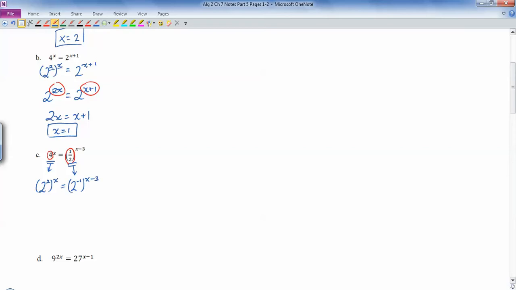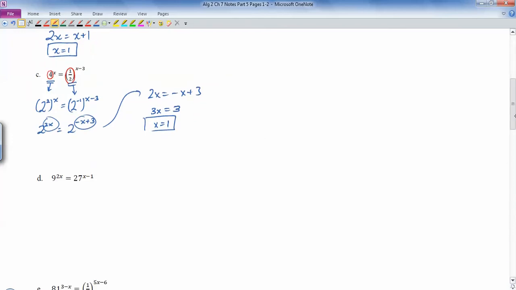And then I've got a power to a power on the left, so I multiply those and just get 2x. And on the right, I multiply the negative 1 with the x minus 3, and I get negative x plus 3. And now the bases are the same, so I can make the exponents the same. So then 2x equals negative x plus 3. If I add x to both sides, I get 3x equals 3. And then if I divide by 3, I get x equals 1.